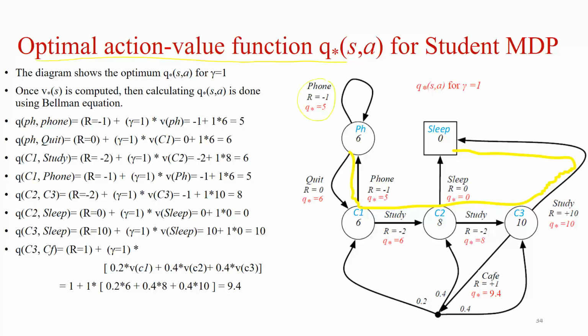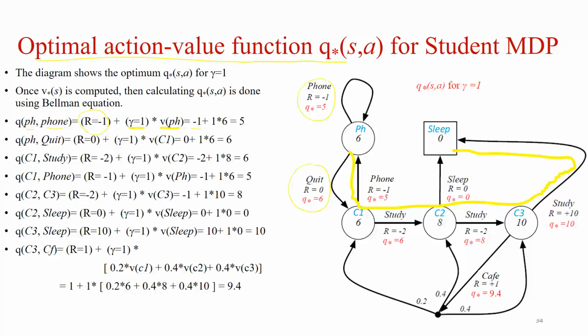For this action, I am in state phone and I'm applying action phone, so I add the reward plus the discount factor times the state value.